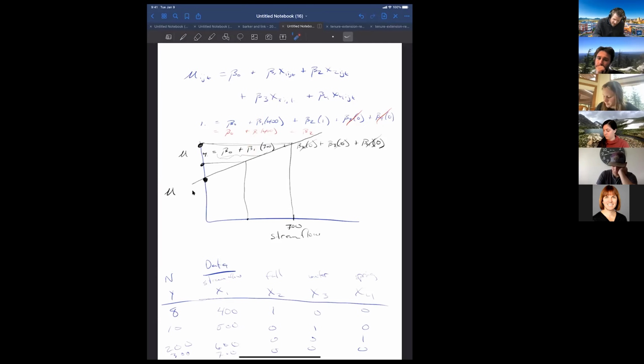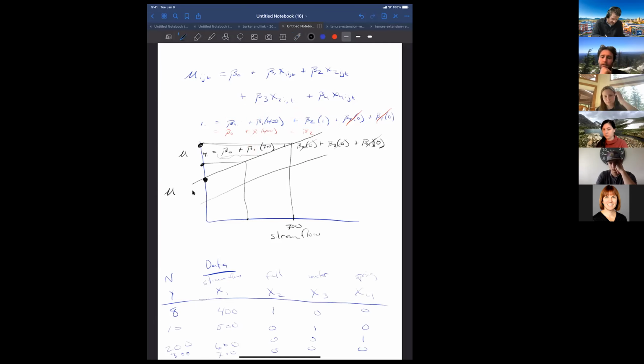But here we have a beta 2. So what happens is the beta 2 gets added to beta 1, and beta 2 is the difference in the intercept between fall and summer. And that's the model we dealt with last time.